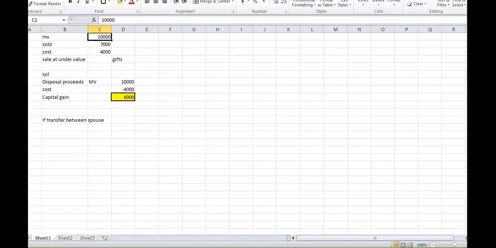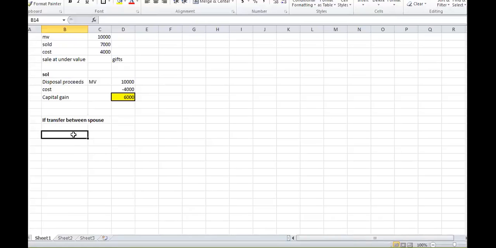The husband has sold this asset to wife for £7,000. So this is the normal solution. What would be the difference if this would be a transfer transaction between husband and wife?